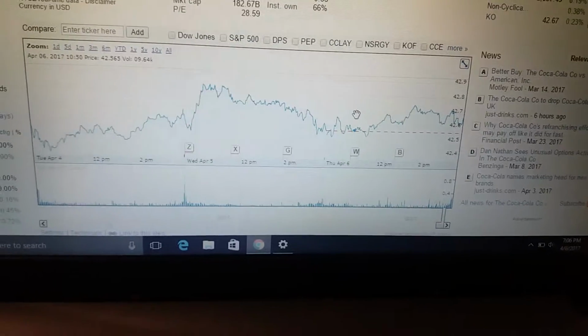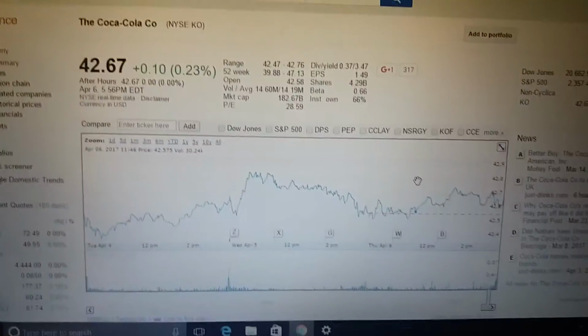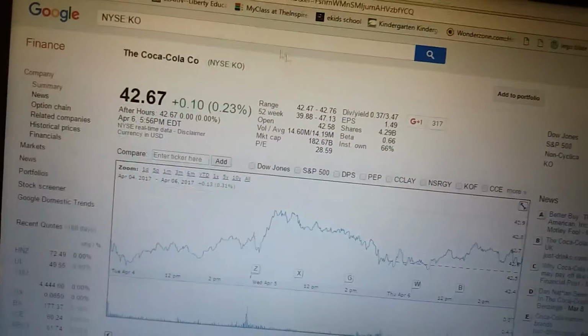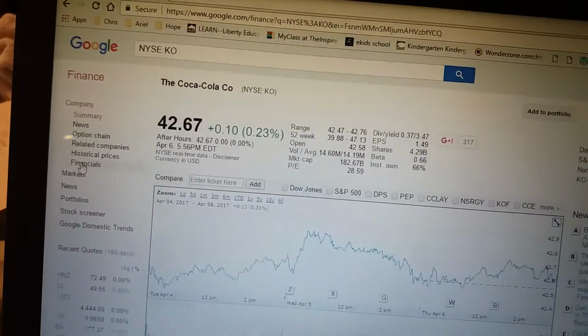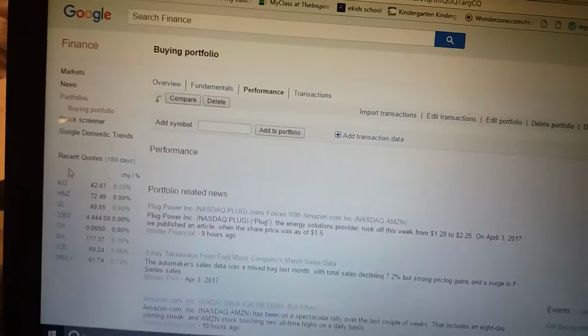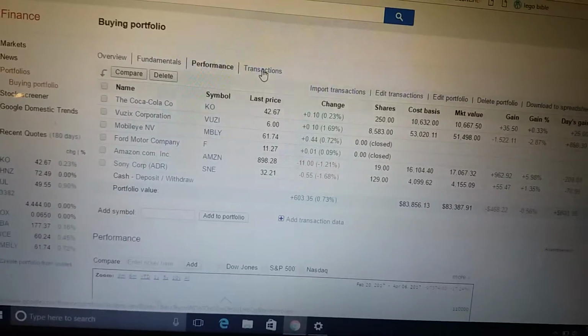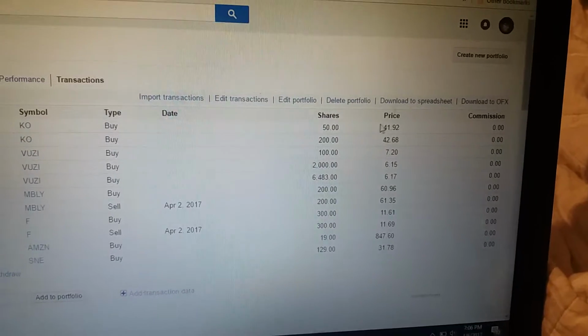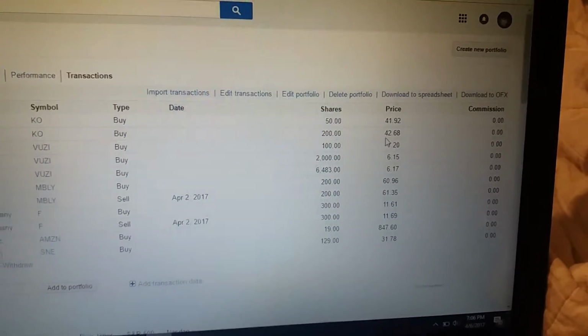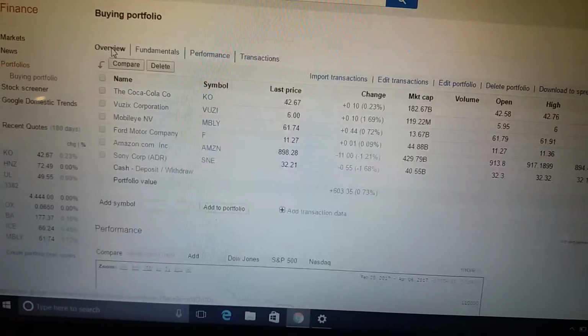So as you see your stock rise up big, go and sell it. But how do you know what for? If you go back to your portfolio and come up here to transactions, you bought Coke at $41.92 and $42.68. Go back to your overview.